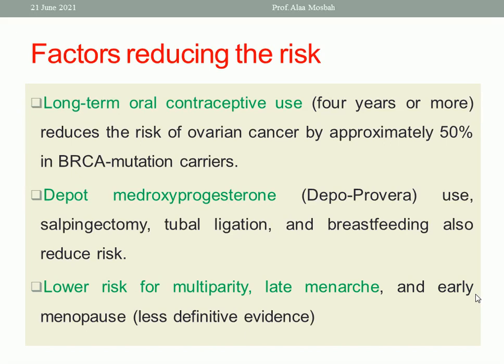Also, depo-medroxyprogesterone use, salpingectomy, tubal ligation, and breastfeeding also reduce risk. It was found that multiparity has a lower risk, and late menarche and early menopause also lower the risk, but with less definitive evidence.